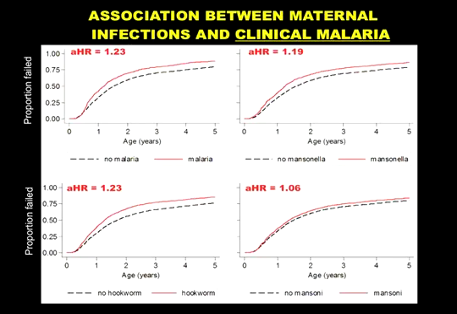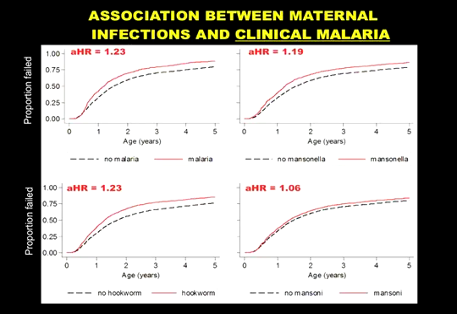On the y-axis, we have the proportion that failed. And as you can see, for all maternal infections, there is a higher incidence of clinical malaria for children born to mothers with malaria, Mansonella, hookworm, and slightly so for Schistosoma mansoni.